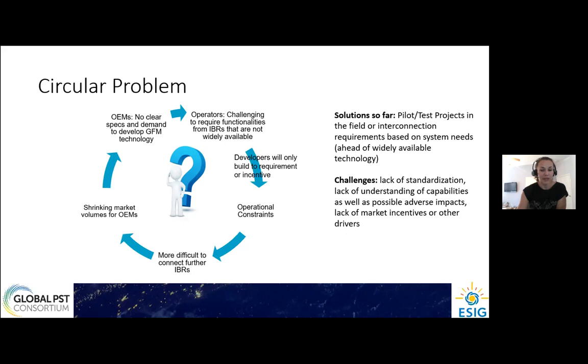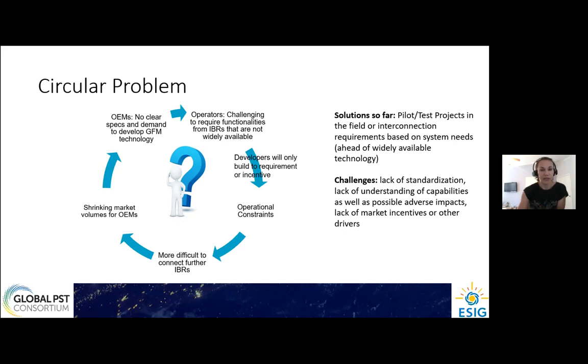In the absence of requirements or any kind of market incentives, developers are only going for what's required or what's incentivized. So they're still building grid following inverters, even for battery applications where grid forming could probably be more easily implemented compared to other applications. What this leads to is that we are ending up with more and more grid following resources on the grid.